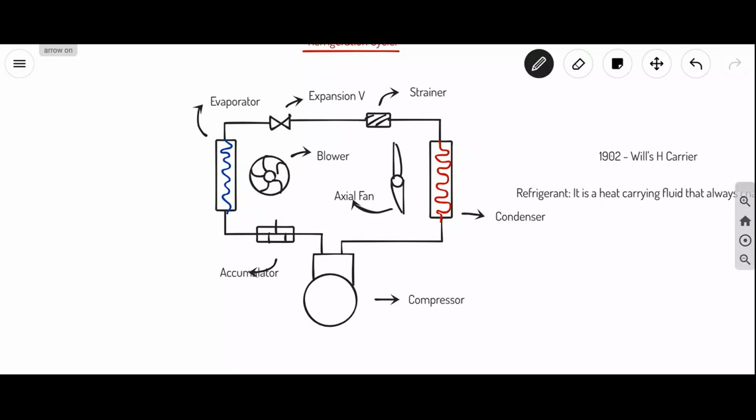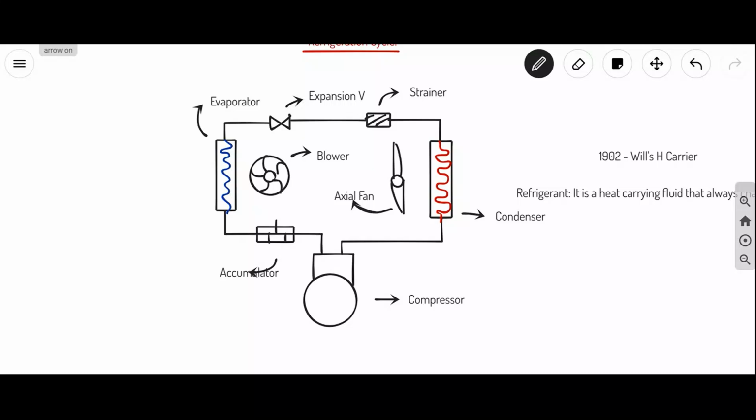Secondary components are helping components for the primary components, to increase the efficiency of the cycle. Hope you are clear, right?